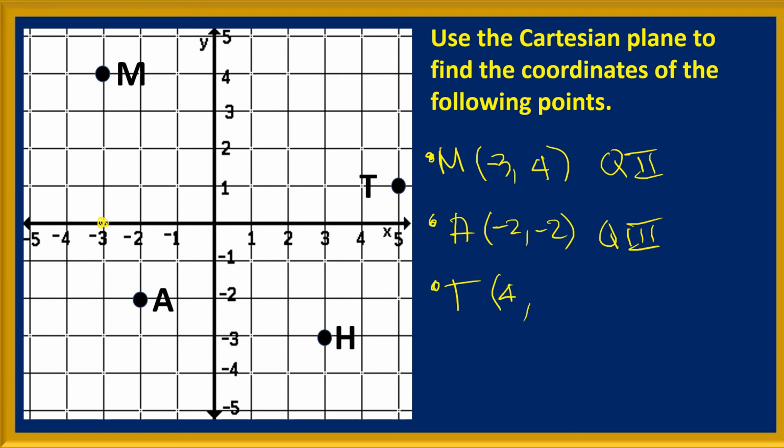Then, from the y-axis, ang value ng y niya ay 1. So, point T is 4, 1. Therefore, ito ay nasa quadrant 1. Point H naman, from the x-axis, ang value ng x niya ay 3, and then ang value ng y niya ay negative 3. So, point H is 3, negative 3, lies in quadrant 4.